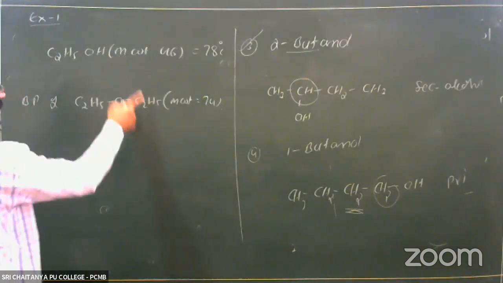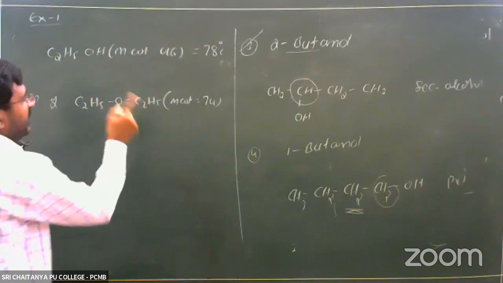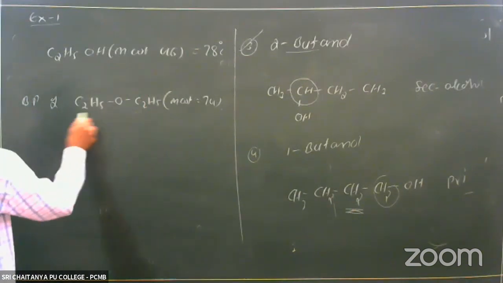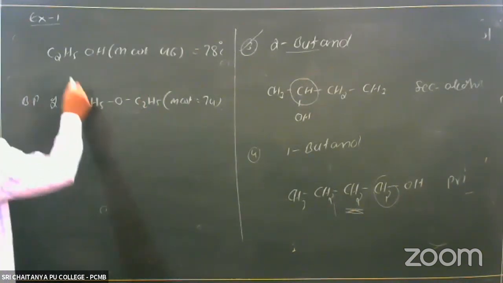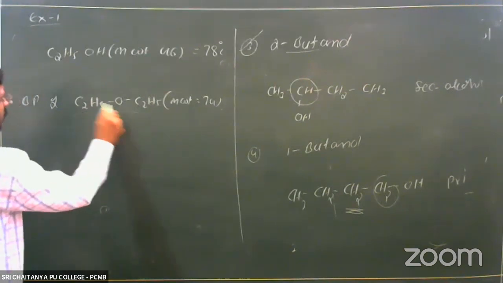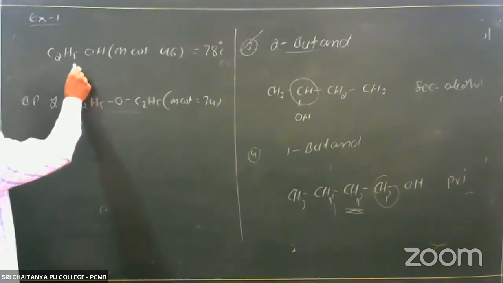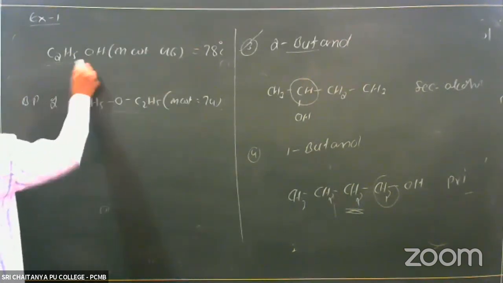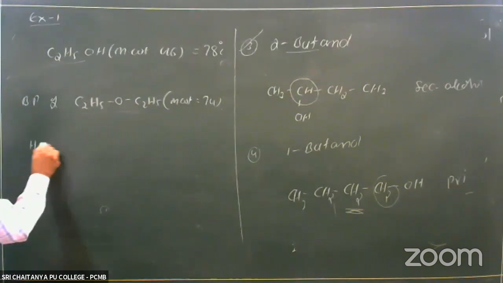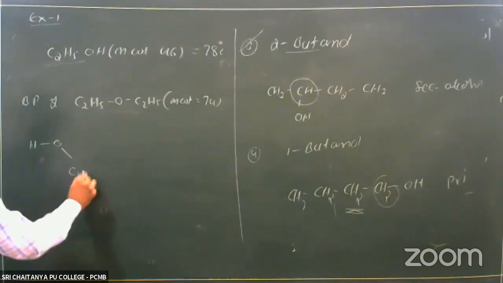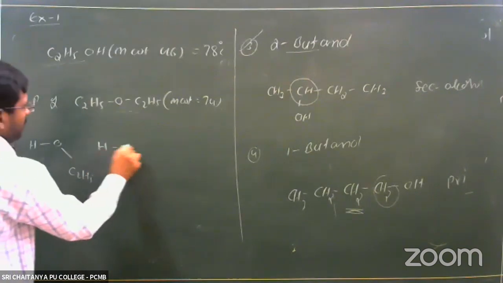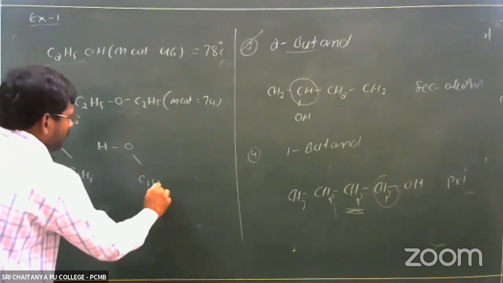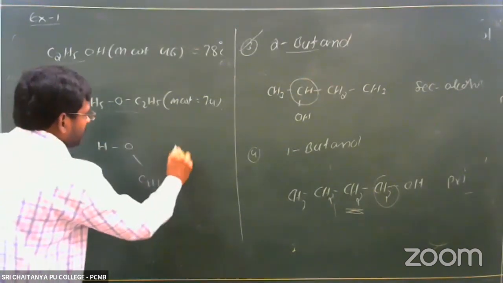As the molecular weight increases, the boiling point increases, but this is not an alcohol, it is an ether. Ethers have a lower boiling point than alcohols because intermolecular hydrogen bonds are possible in ethyl alcohol. Due to the formation of intermolecular hydrogen bonds, molecular association takes place.